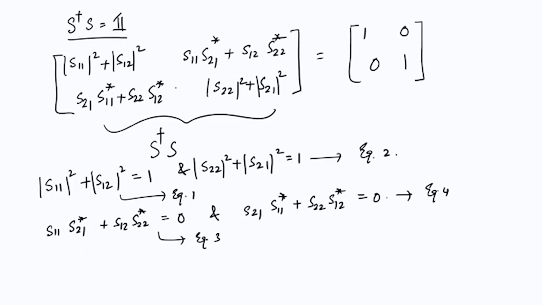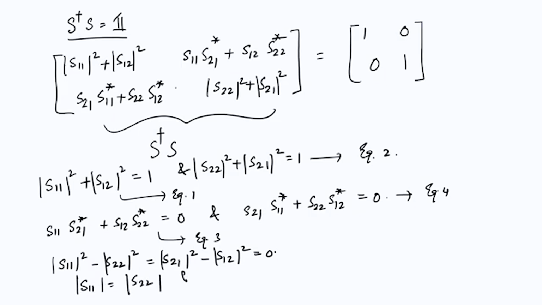If you subtract 2 from 1, then what you get is the following: S11 mod square minus S22 mod square is equal to S21 mod square minus S12 mod square, which is equal to 0. This tells you that S11 mod is equal to S22 mod and S21 mod is equal to S12 mod.